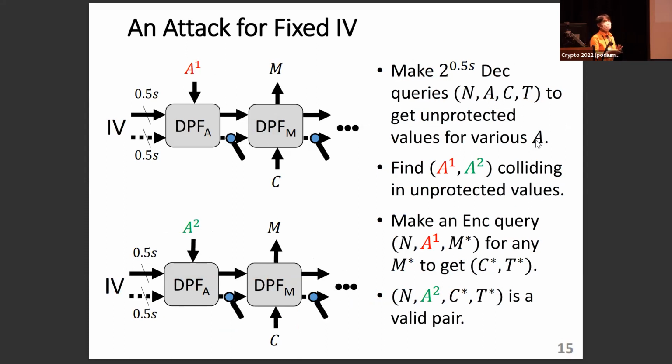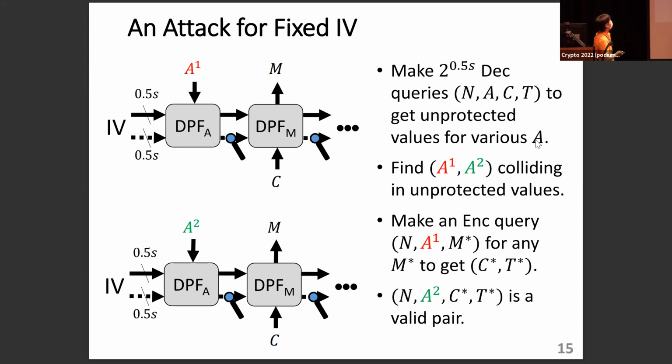Actually, we can write down an attack procedure that breaks the security notion with 0.5S bit security. I won't explain the attack procedure here, but the idea is to generate a state collision by changing associated data, and we keep the message the same for all queries. In the standard scenario, the adversary can't usually detect the occurrence of the collision.